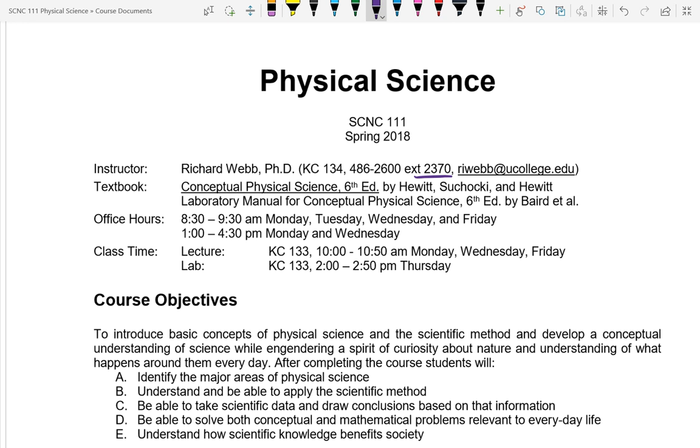Okay, the textbook: Conceptual Physical Science by Paul Hewitt and a couple others. This is our lab book. I was shocked last year. This is a lab book where you rip out the pages and turn them in. And yet I had a number of students who had rented the book. And I'm like, how do you rent a book and then tear out the pages and then return it?